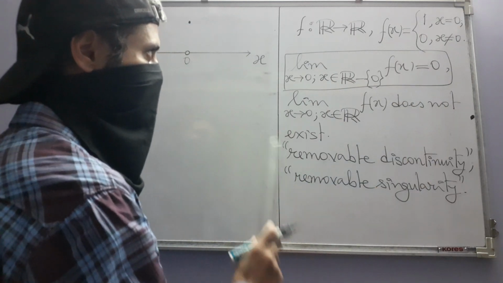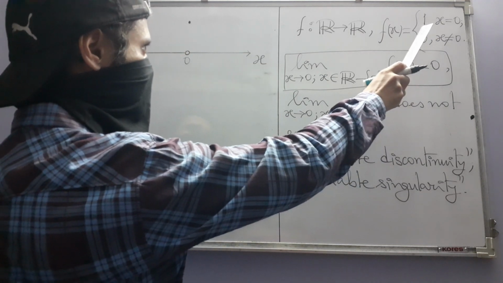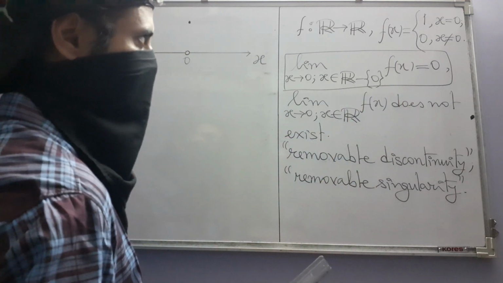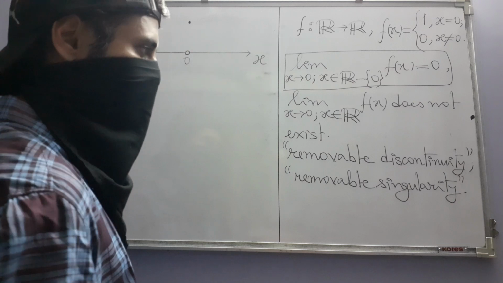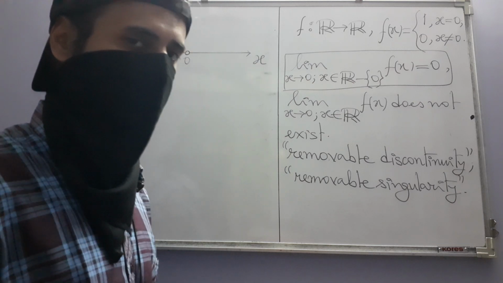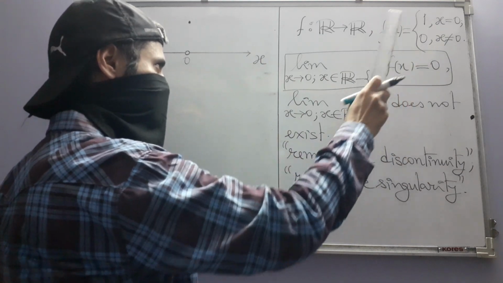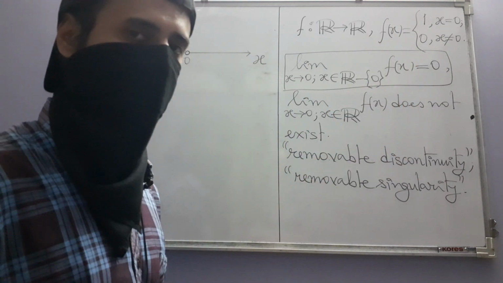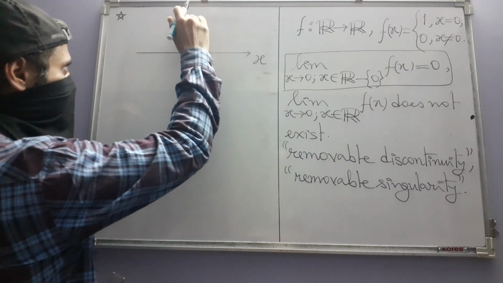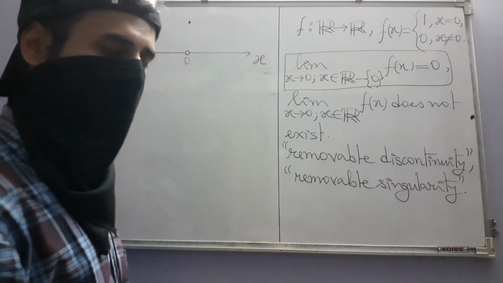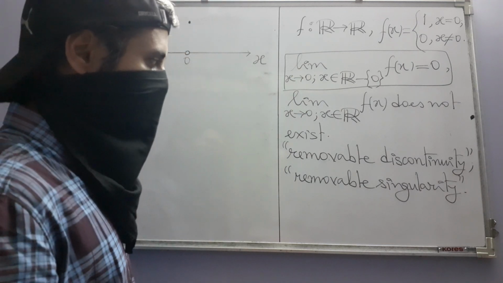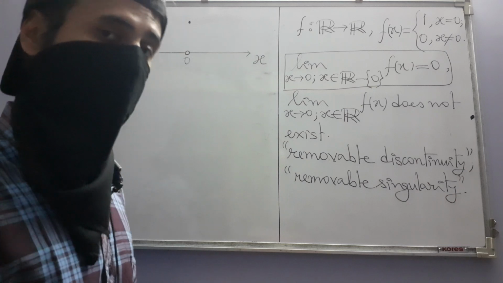So instead of defining it to be equal to 1 at x equal to 0, one can redefine. Redefine means the function will change. One redefines it to be 0 at 0 as well. Then this brokenness goes away, or you can say it's removed.